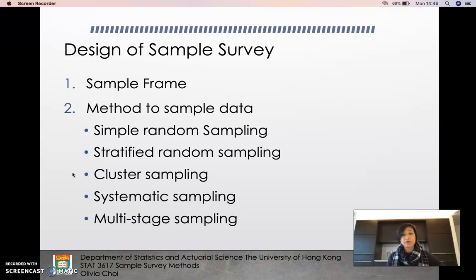Every 10th unit or every 5th unit from the population, then we choose the sample. Multi-stage sampling, let's see if we have enough time to go to that multi-stage sampling in this course. Otherwise, multi-stage would be a combination of any two of the sampling schemes that we said above.